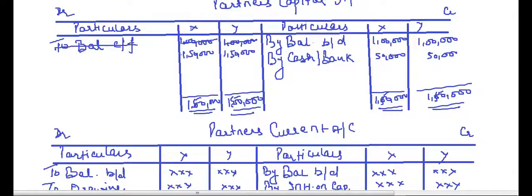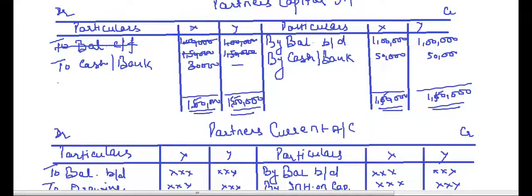Say X decided to withdraw the capital to the extent of 30,000. Now what will happen is, to cash or bank, because the firm has to pay this capital, 30,000, and nothing here.